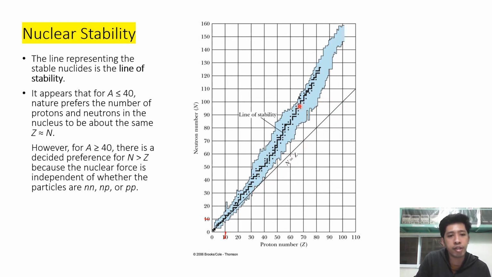So for A greater than 40, there is a decided preference for N greater than Z. It is preferred that N is greater than Z so that the nuclide will be stable. And this is because the nuclear force is independent of whether the particles are neutron-neutron, neutron-proton, or proton-proton.